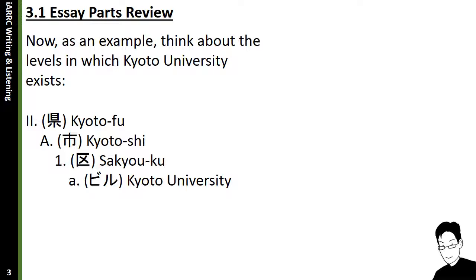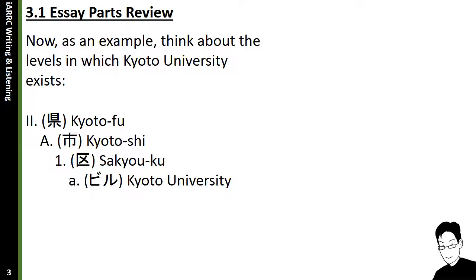Now, as we practiced in class 2, we know that there are many different parts, like topic sentence, or body paragraph, or introduction paragraph, and concluding sentence. These parts all exist in certain locations within the essay.